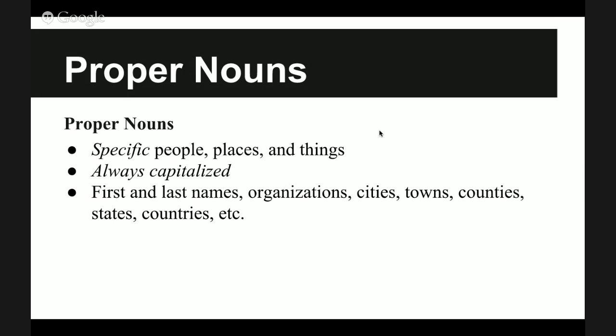And thinking of geography, the names of cities, towns, counties, states, countries, etc. Okay, specific places for which there is no substitute. Okay, always capitalized. Those are proper nouns. So examples of proper nouns include names, organizations, or corporations, companies, etc. And then geographical locations that are specific, okay, are always capitalized.